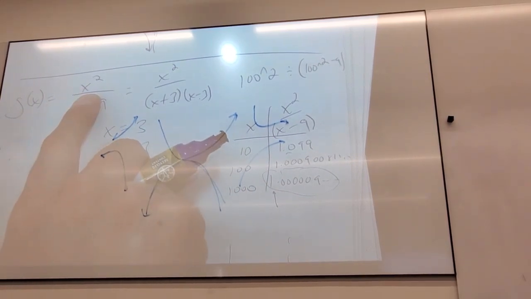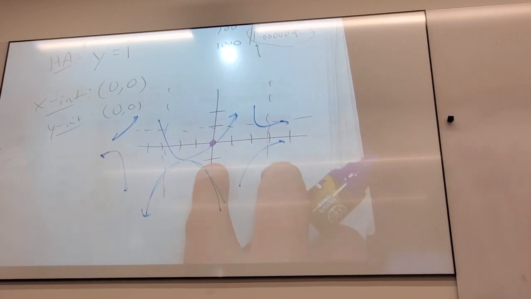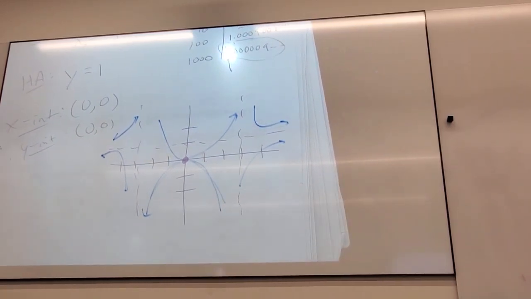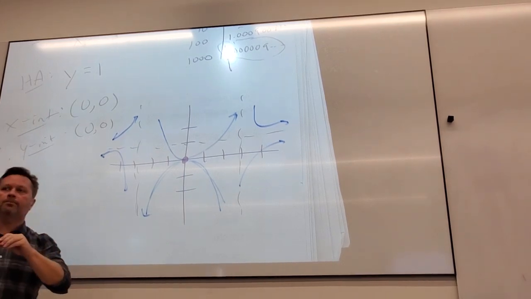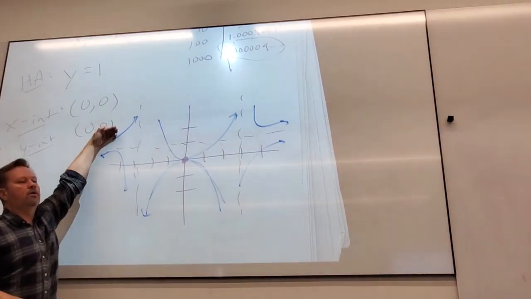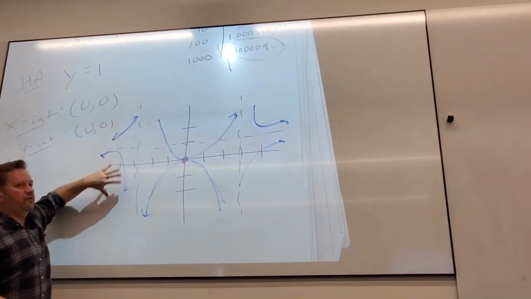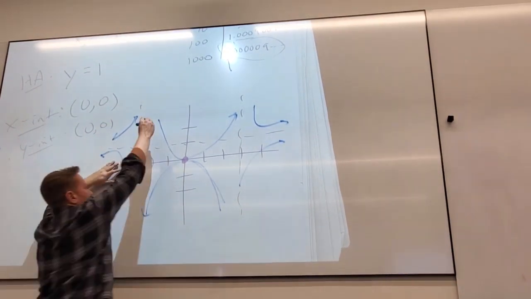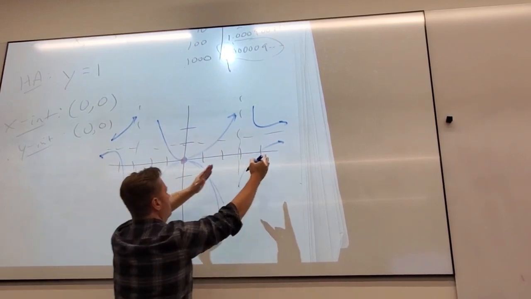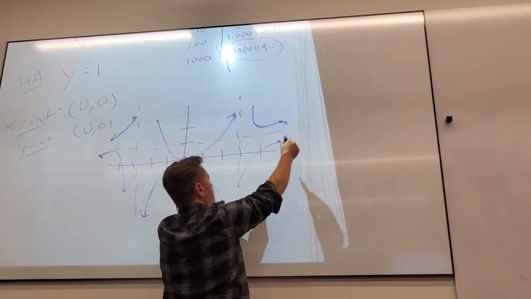Is what I've drawn there a function? No. Okay, good. So my point here is, it could either be here or there in this first region. It could either be here or there in this second region, and it could either be up there or down there in this third region.